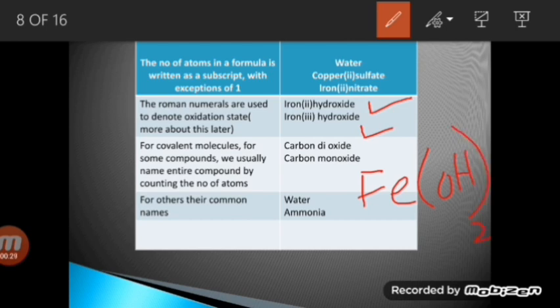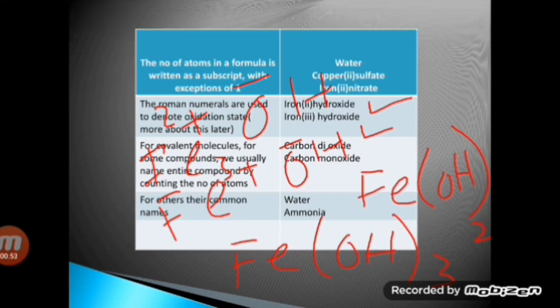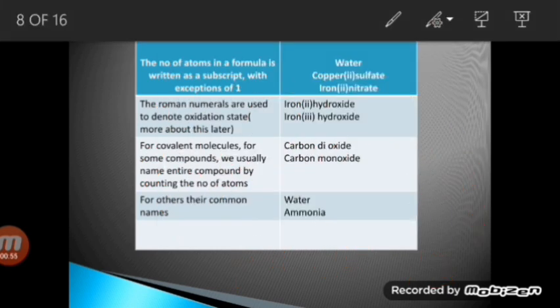So it is iron dihydroxide, whereas the next one will be written as iron trihydroxide, because in the first one the oxidation state of iron is +2 and hydroxyl is -1, and in the second one it is +3 and hydroxyl is -1. So these are certain rules to do it.